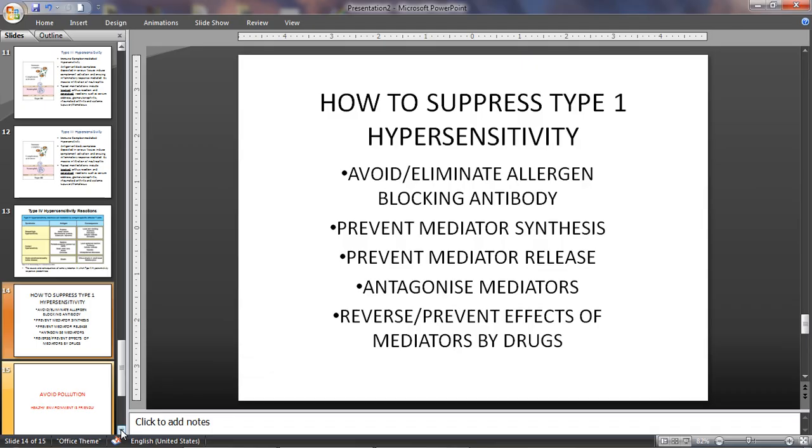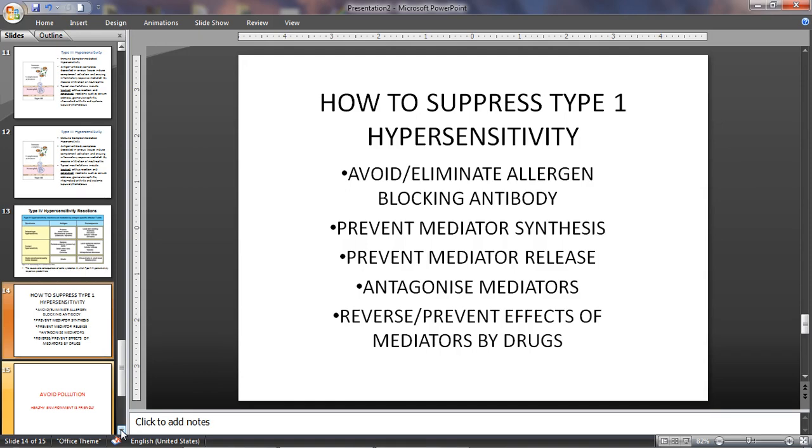First of all, you identify the allergen and try to avoid it and eliminate it. Then you use the blocking antibody. You can prevent the synthesis of the mediators in the mast cells.